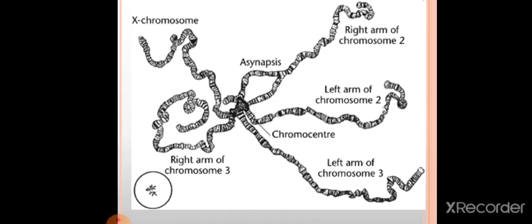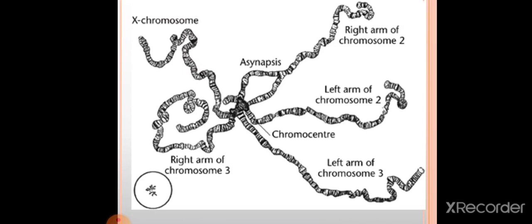Now this picture explains the structure of a polytene chromosome in Drosophila melanogaster. So this is stained or mapped from the salivary gland of Drosophila melanogaster.